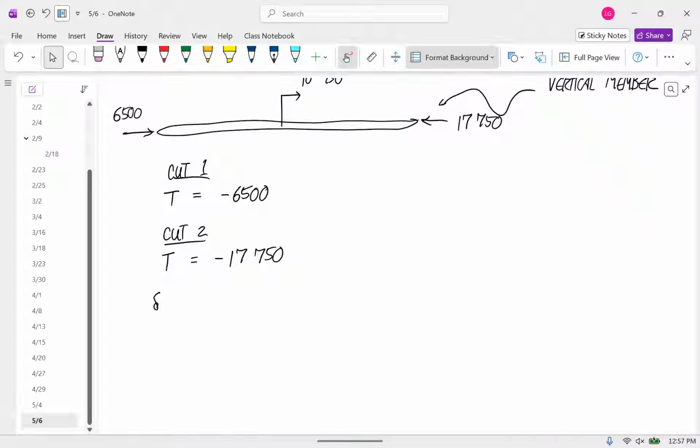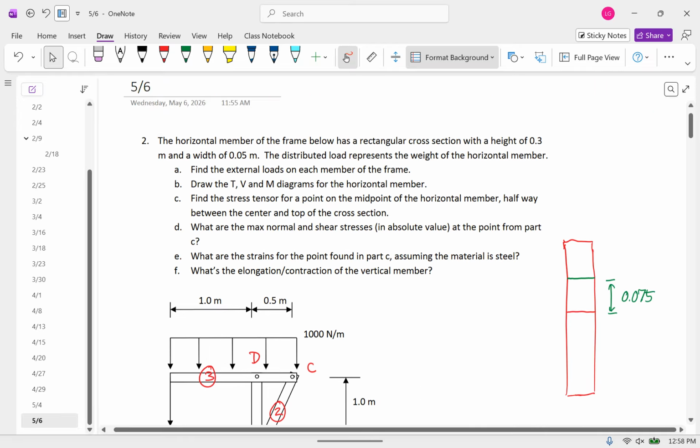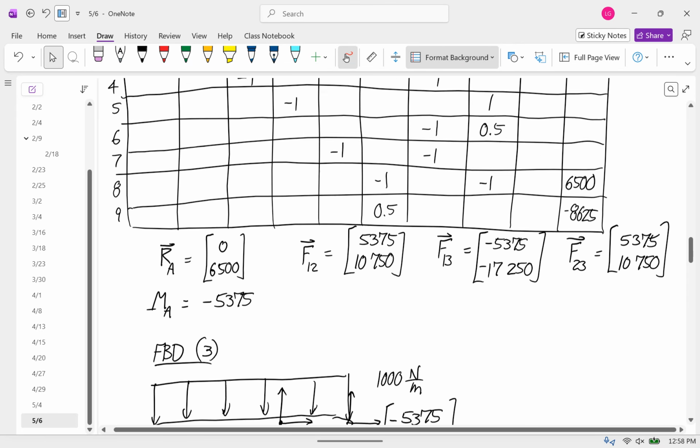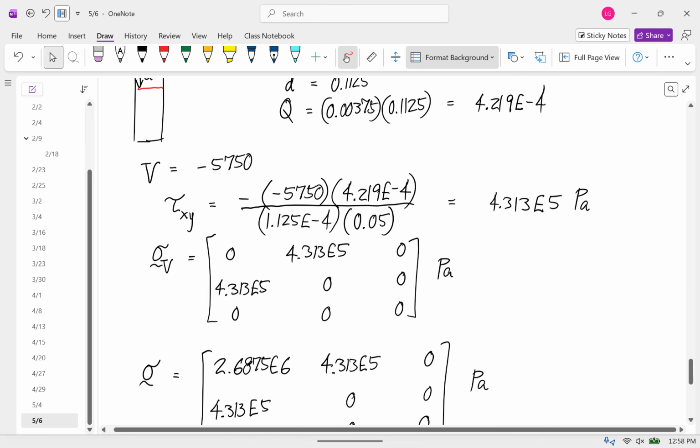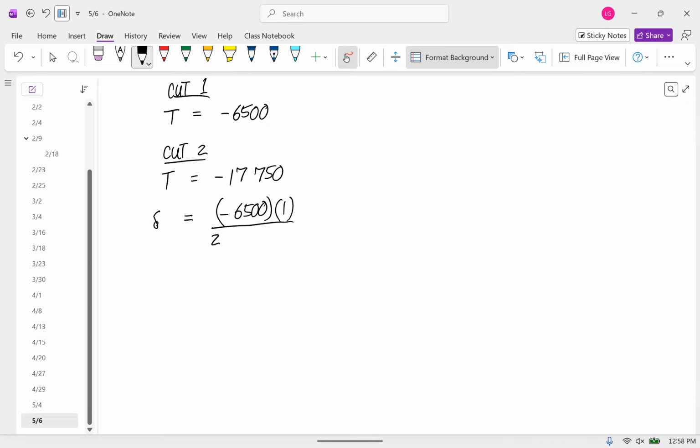Okay, good luck. Okay, so the elongation is, so we got negative 6,500 times the length of the bottom half of that beam, 1 meter, divided by, it said it was steel, right? Yeah.